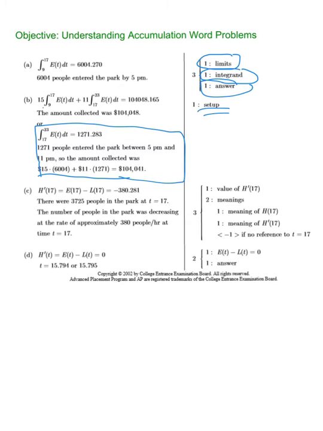All right, h prime of 17, which we got. The meaning of h of 17, the number of people at the park. The number of people in the park was decreasing at a rate of approximately 380 people at t equals 17. Now notice it says no reference to t equals 17, you lose a point.